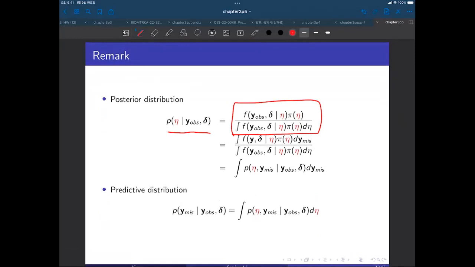So this is the prior, and this is the likelihood, or density. And the denominator is just integrating out over the unknown parameter, so the denominator is just the normalization.